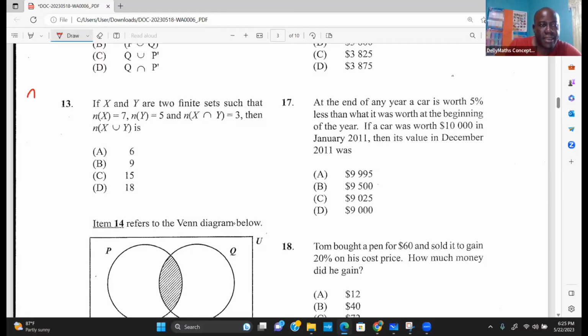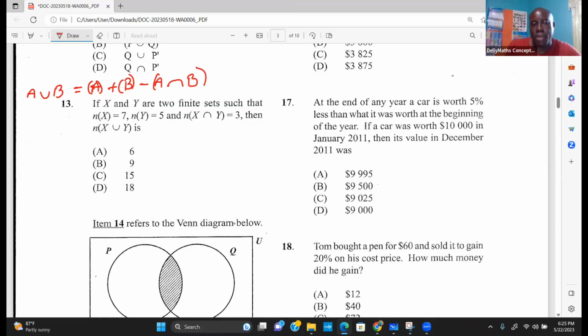So let's say I have A union B, that means union, A union B is equal to the number of A plus the number of B minus A intersect B. This is a general idea where it is saying that the union of 2 sets is like adding the 2 values for the sets and taking out the intersection. If you do that, you'll get the union.